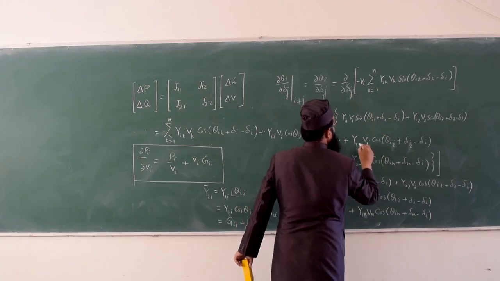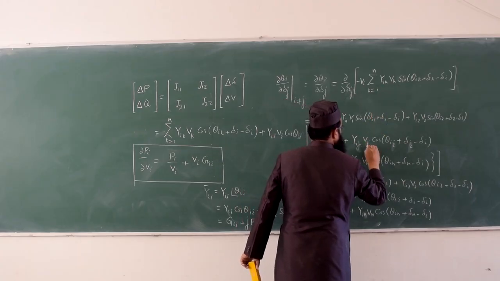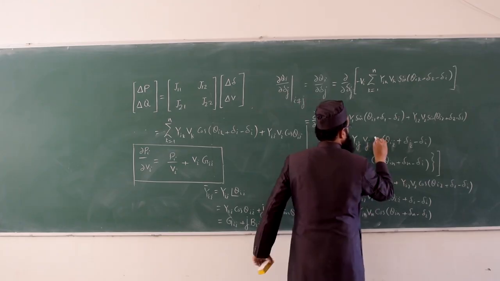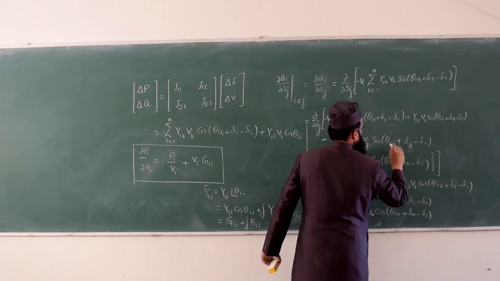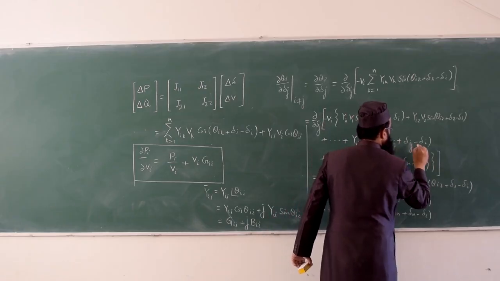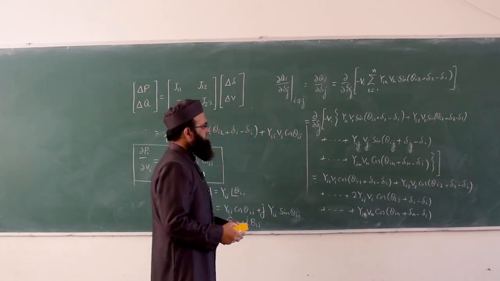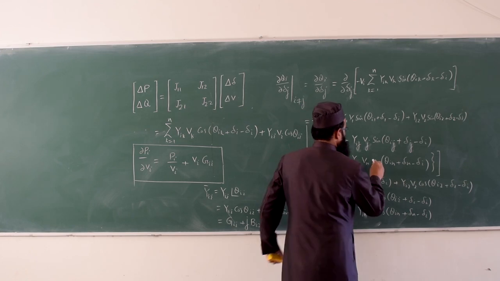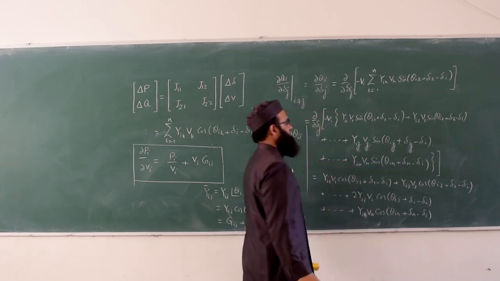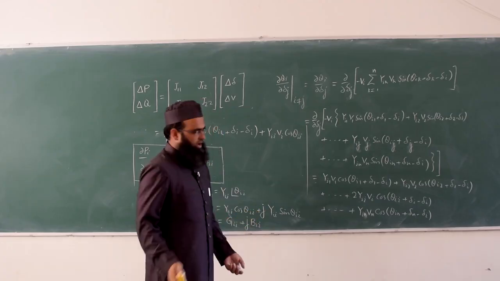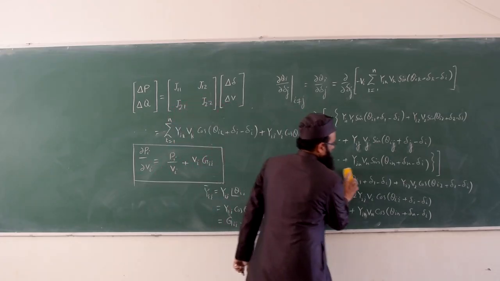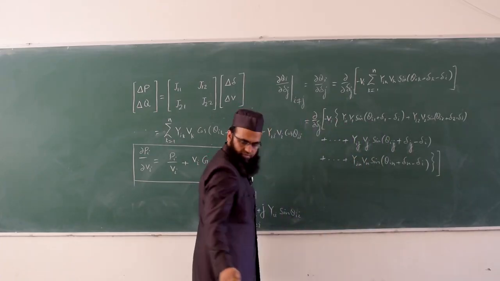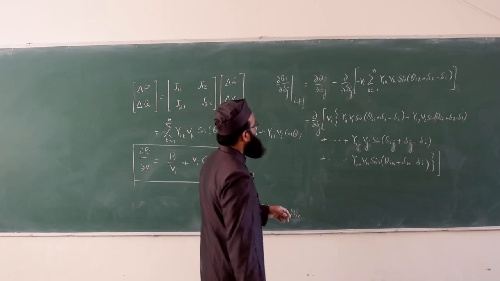So, Yij Vj and sine of theta ij plus delta j minus delta I, and the nth term Yin Vn sine of theta In plus delta n minus delta I. So, this time we are writing for delta j.